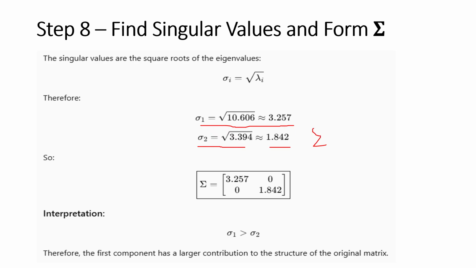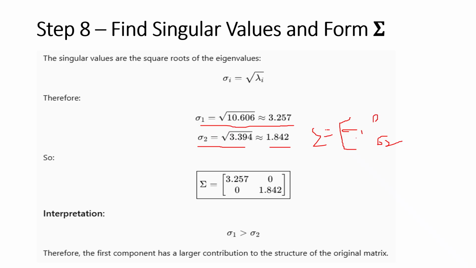How can we write sigma now? Sigma is a diagonal matrix, right? So the diagonal elements will be sigma 1 here, and the diagonal element over here will be sigma 2, and the rest of the entries will be 0.